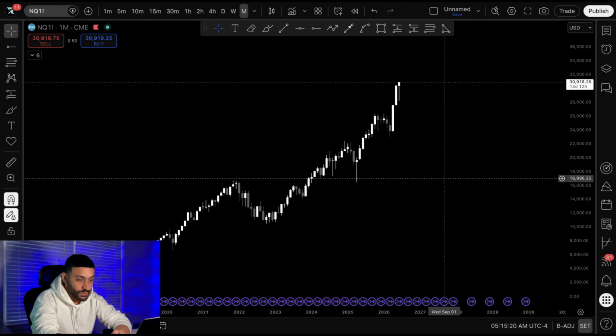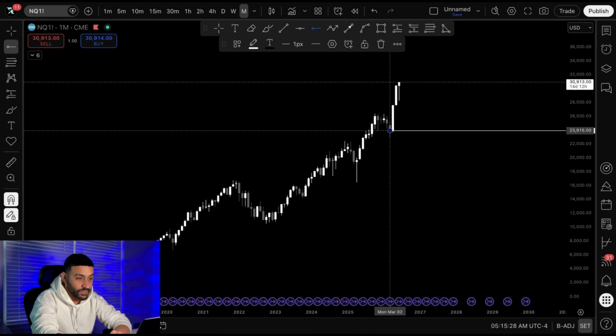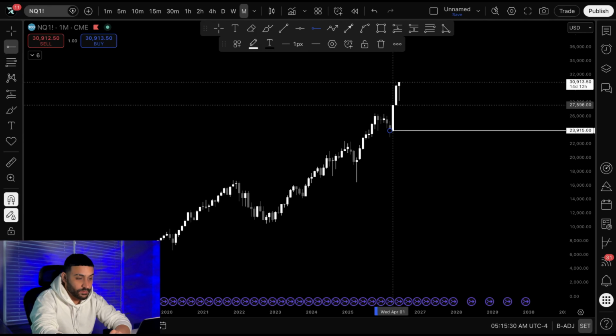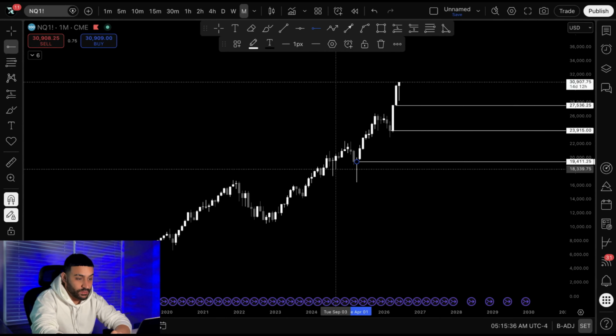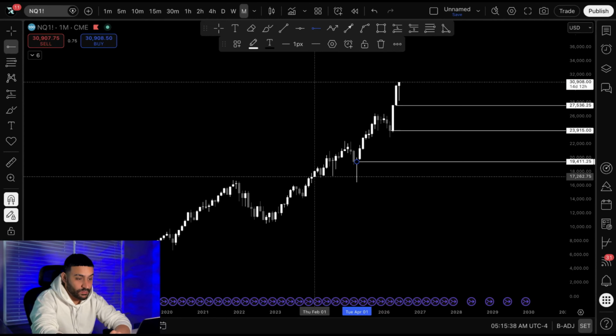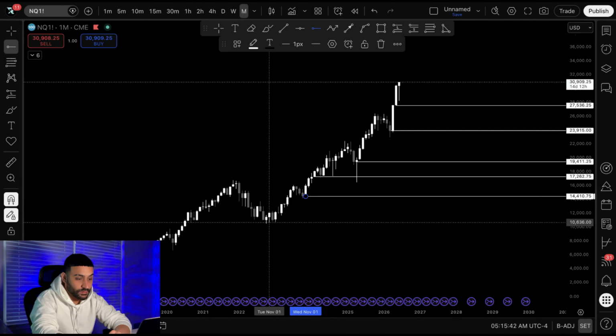So for instance, on this monthly chart, I can clearly see that this is a support level here. I'm also seeing a support level here. We see one there, we see one here, there's one there.